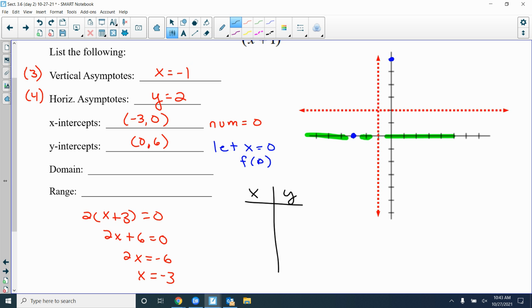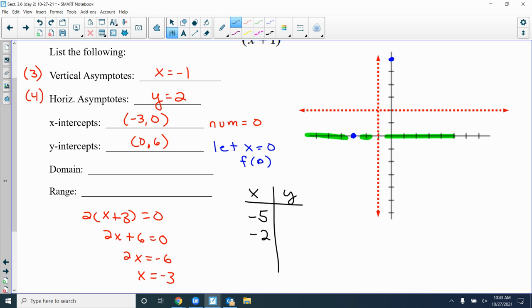It really doesn't matter which points. I prefer, if this is my point, I'll try to go two away from it. It doesn't have to be. It can be 1 away. Just depends on what you get back. So I'm going to pick -5. I'm going to pick in between here. I got one option, -2. That one option, that's an integer. You can pick fractions as well, if need be. And then we already have the y-intercept, which does give us a lot of information, but I need another point just to feel more confident.